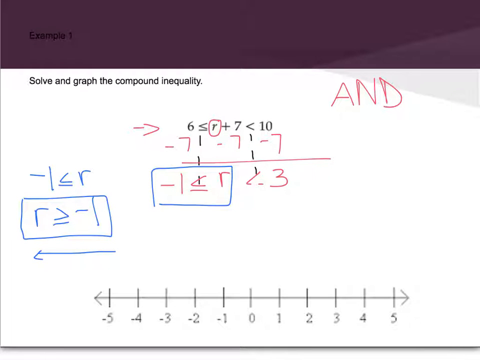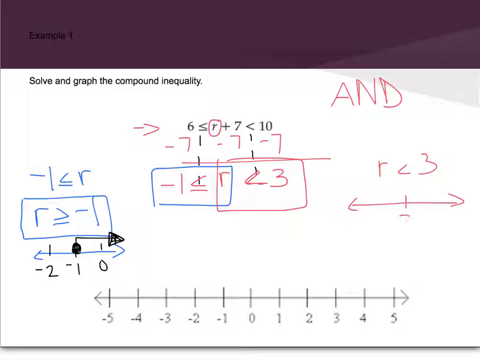If I were to graph that, I would have my negative 1, 0, negative 2, I would have a closed circle, and I would shade to the right. But now we have a second inequality. r is less than 3, and if I were to graph that, I put my target number in the middle, 4, 2.